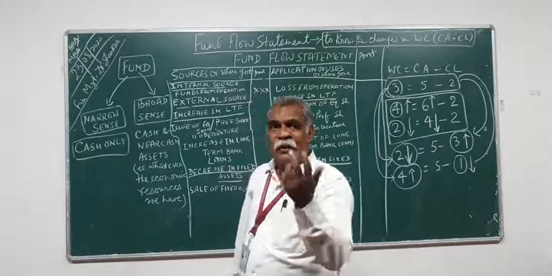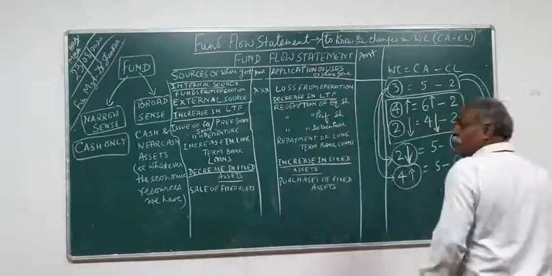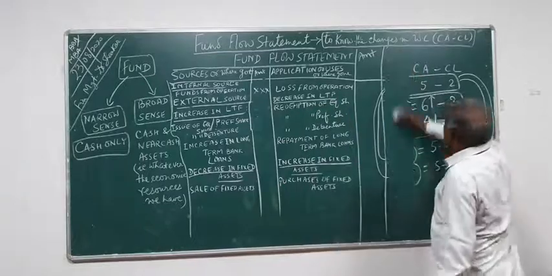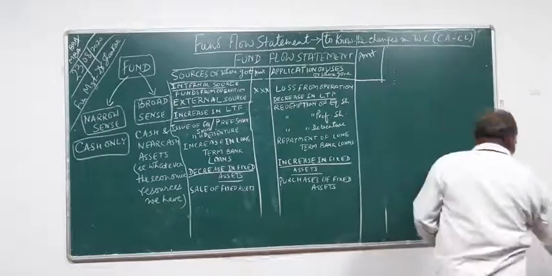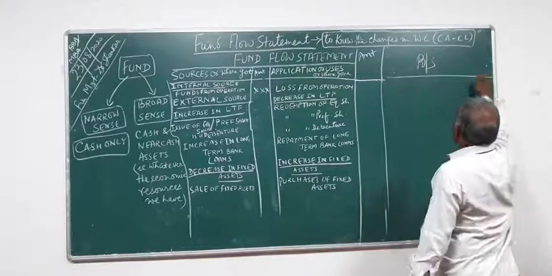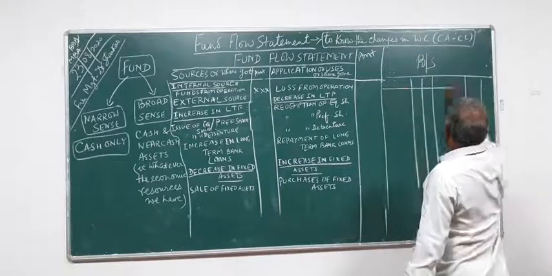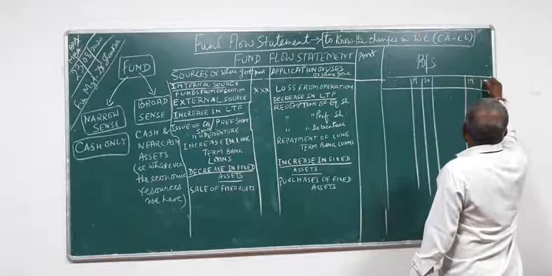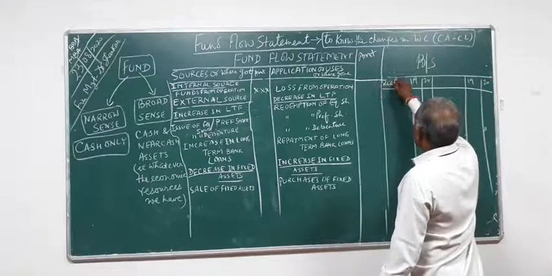Now the external source, what you write and how you write. Suppose in the balance sheet, this is 2019, 2020. If this is your liability side, this is your asset side.